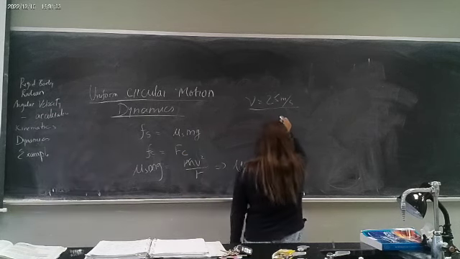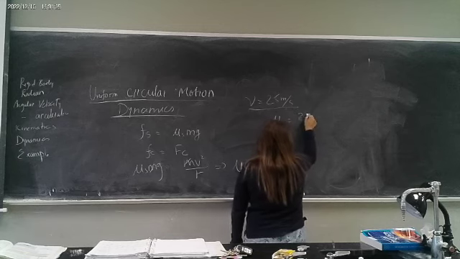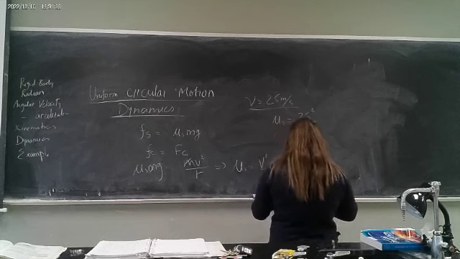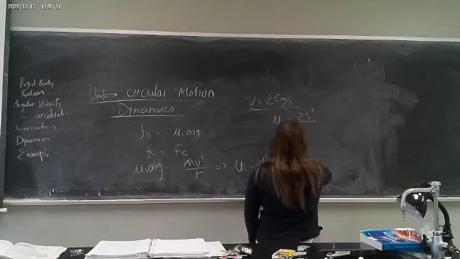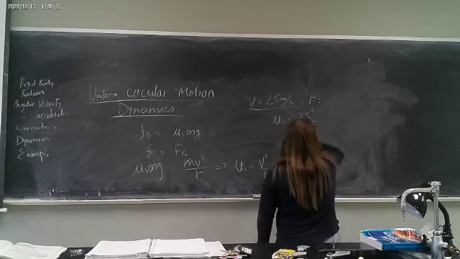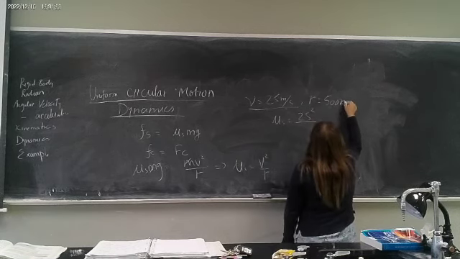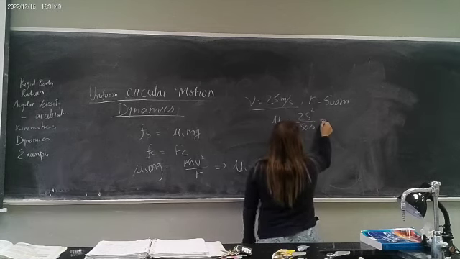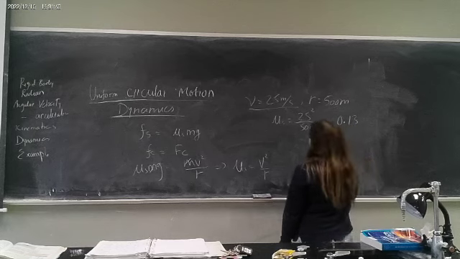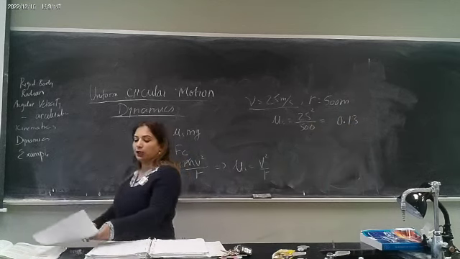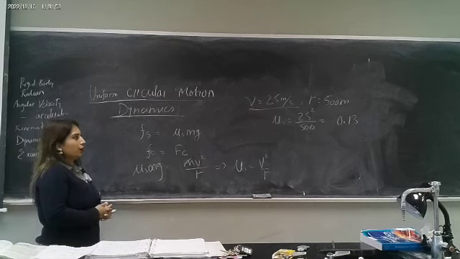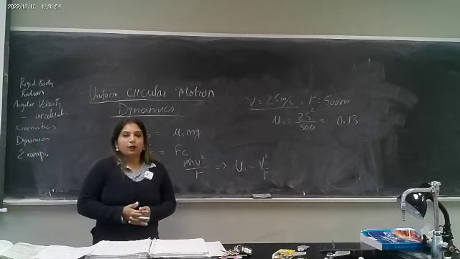So mu s would be equal to 25 square divided by, let's say the radius is 500 meters. That would give us the value of 0.13, this much. So if the static friction coefficient is not up to that value, the car won't be able to negotiate the curve effectively. Let's stop here.